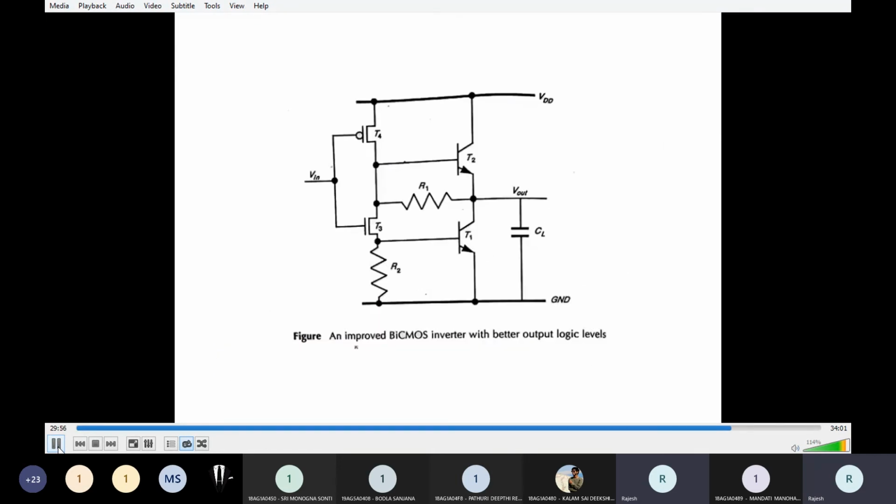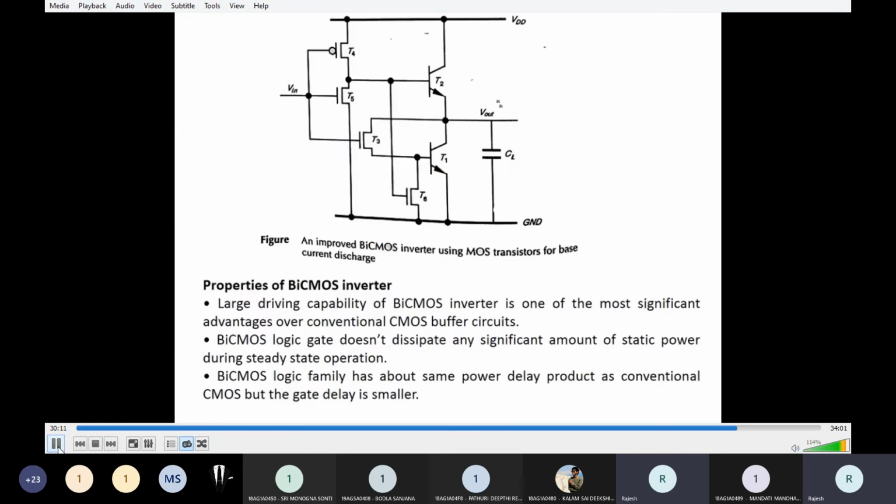Next, this is an improved BICMOS inverter. In this we are using these resistors, and you can get good output logic levels. And this is another alternate. So, properties of BICMOS inverters. Large driving capability of BICMOS inverter is one of the most significant advantages over conventional CMOS buffer circuits.